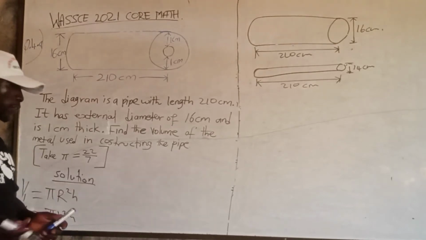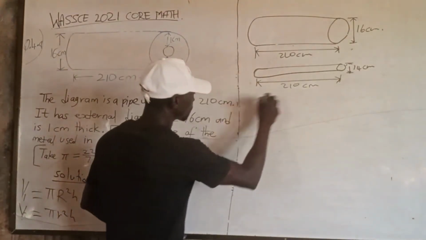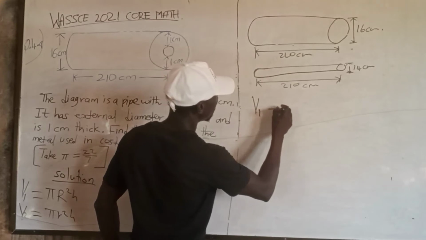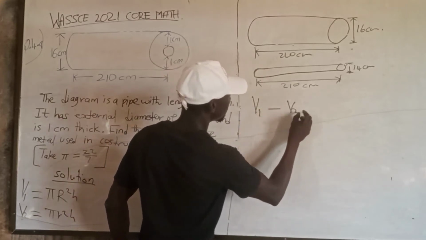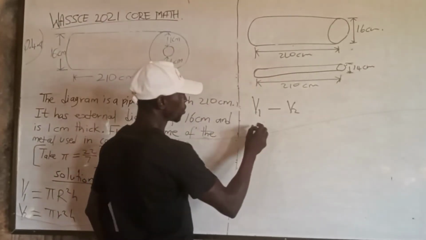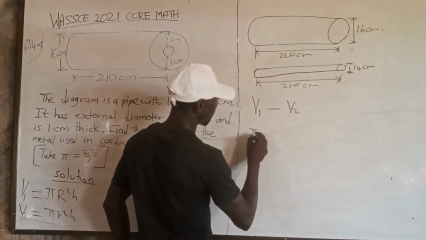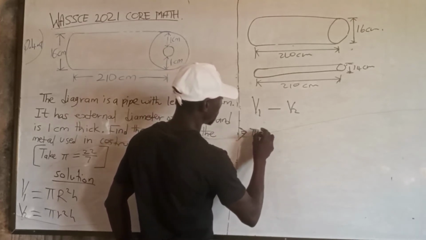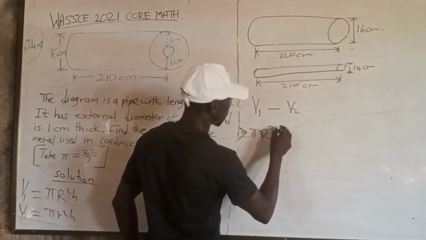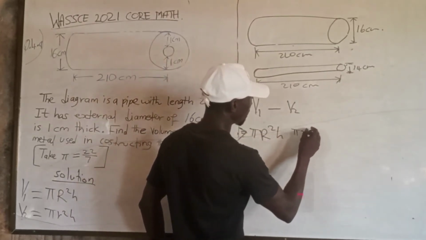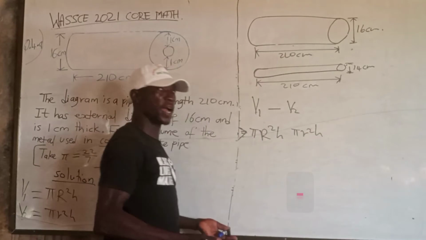This is going to give us V1 minus V2. But V1 is pi R squared h, right? And V2 is pi r squared h.